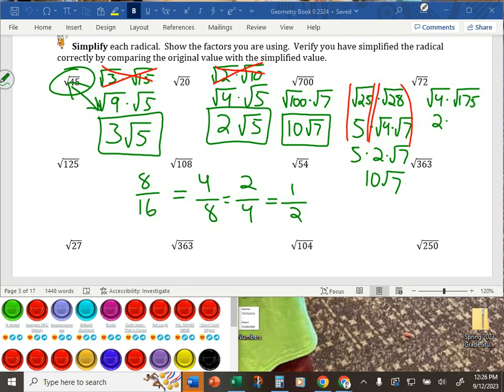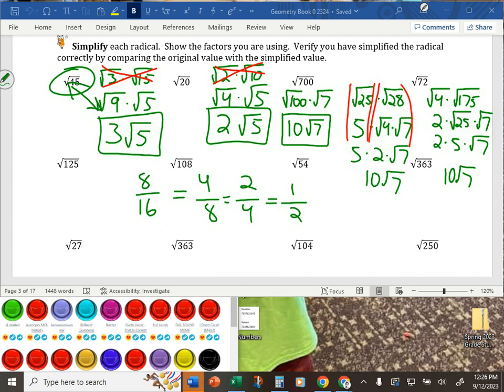The root of 175 can be simplified to be the root of 25 times the root of 7. And then the root of 4 being 2 times 5 is 10. And where does 5 come from? The square root of 25, getting you back to the 10 and the square root of 7. Yeah, root of 25 equals 5. And we're right back to where we were here. 2 and 5 combine to make the 10, and then we have the root 7.